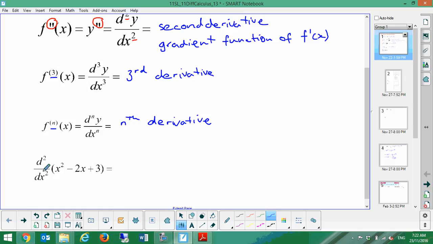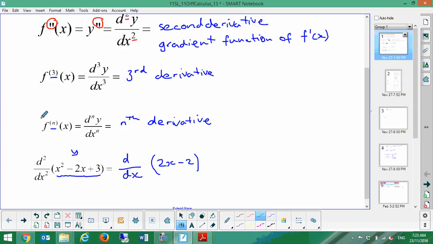Depending how many degrees the function has, what order it is, depends how many derivatives you can take. So here, if we've got d2y dx squared, basically this part here is our y, and we've replaced the y with our x squared minus 2x. So that just means we now want to take the first derivative and then the second derivative. So we differentiate this to give us 2x minus 2.